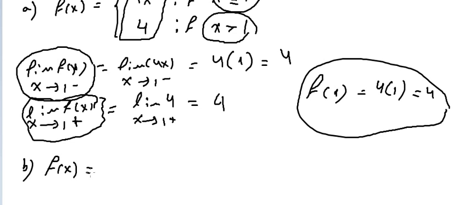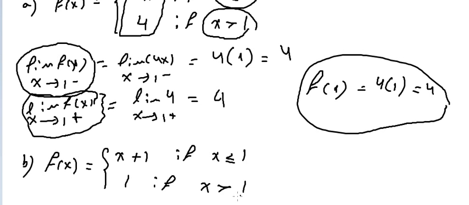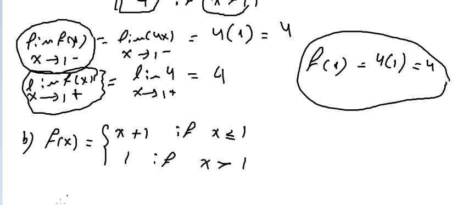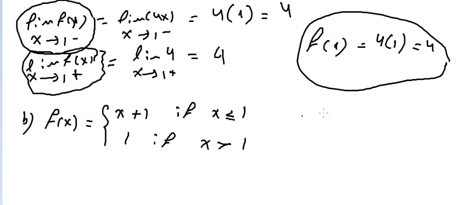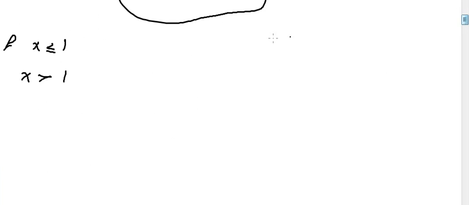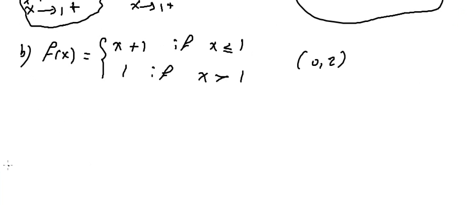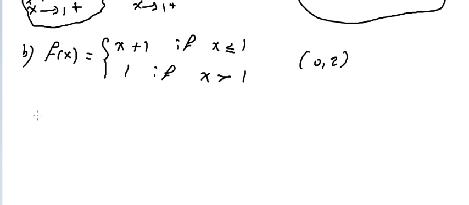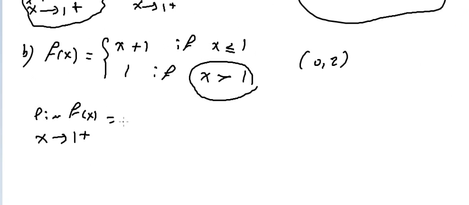Okay, f of x equals x plus 1, right? If x is less than or equal to 1, and it's equal to 1 if x is greater than 1. Let's see. Also, we need to see if it's continuous over the open interval 0, 2. Same thing. The limit of f of x as x approaches 1 plus, which is over here, is equal to the limit of 1 as x approaches 1 plus, no x to substitute, so the answer is 1.